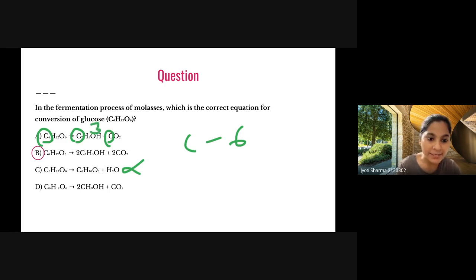If we have 6 here, then this will give you 4 and this will give you 2. So this is how C will be 6. And this is how you can balance the equations, and you will get to know which one is the correct one, that is for the conversion of glucose to ethanol and CO2.